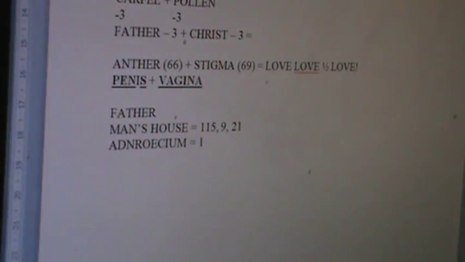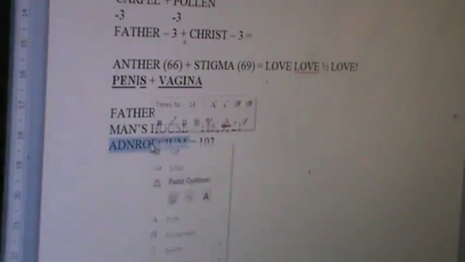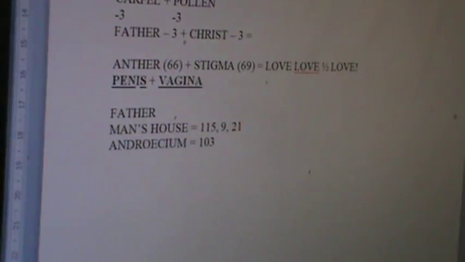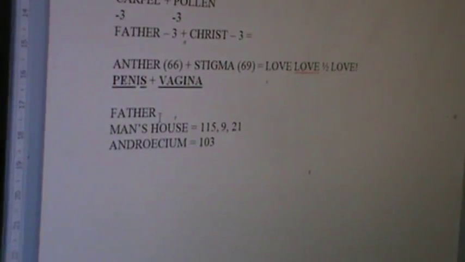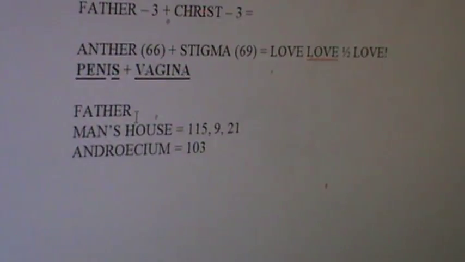Androecium. And how does that compare to the female component? I didn't spell that in order. Androecium. That's amazing. How much you want to bet you can find father in those letters perfectly.